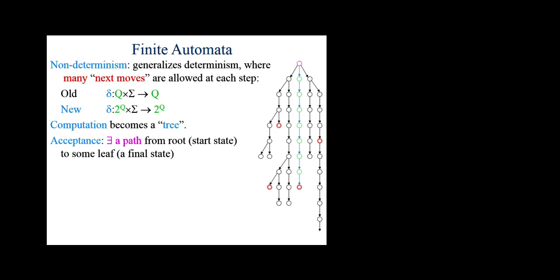So one is good enough. It doesn't matter what the others do. So it's kind of a hedging strategy, if you will. As long as there exists a path from the root that ends up in some accepting state, like this one or this one, it's good enough. The whole computation is said to be an accepting computation, and the input string is therefore a member of the language accepted by this non-deterministic finite automaton.